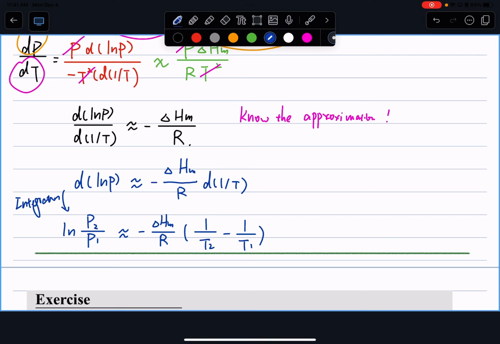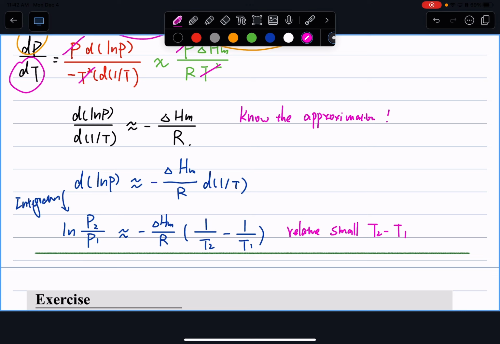In here, we make another assumption that our delta Hm is relatively independent of temperature. So we can't be looking at very big temperature changes either. When we see a relatively small change, like 20 Kelvin, it's pretty good.